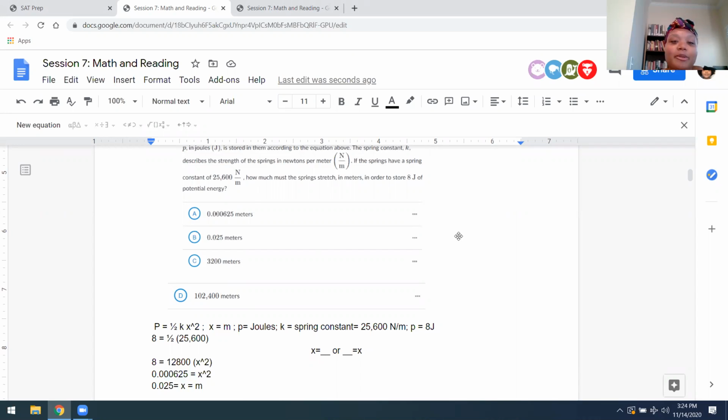Exactly, and they do that on purpose. I like that you pointed that out, because for answer choice A, we got that number. If you get bogged down in all the steps, because we had to write everything out, this is a formula we're not used to, maybe if you took AP physics. But we had to orient ourselves with the problem.